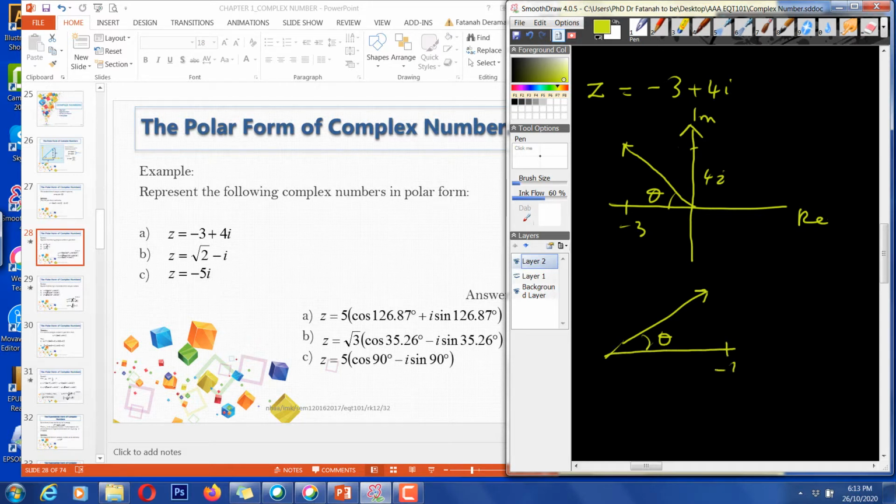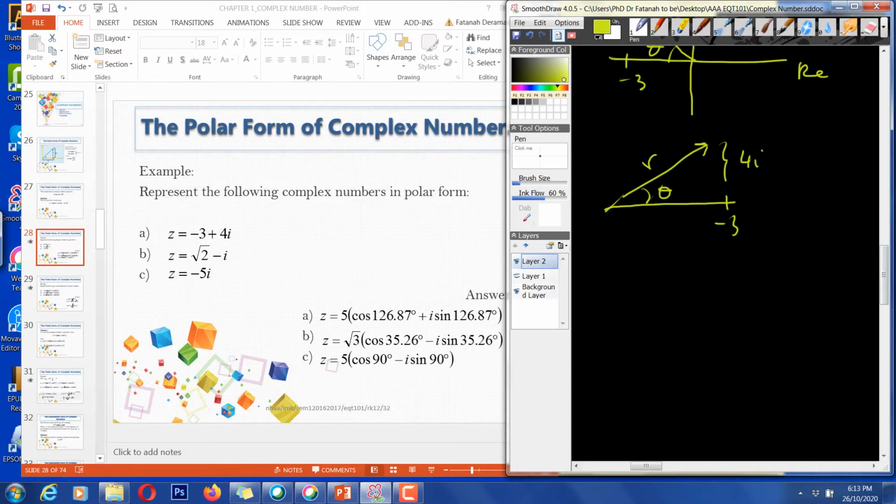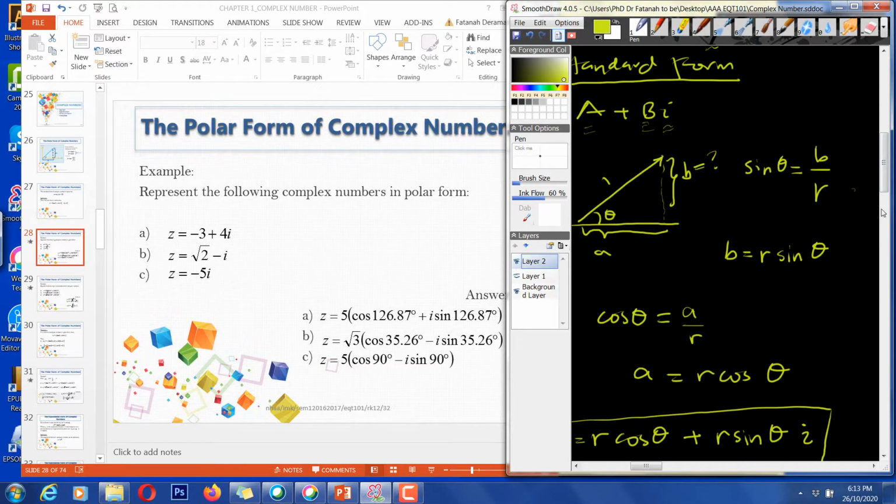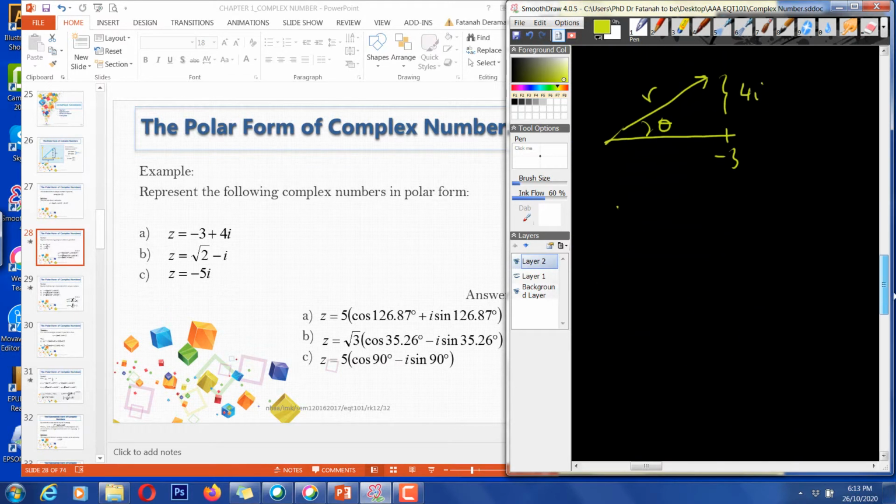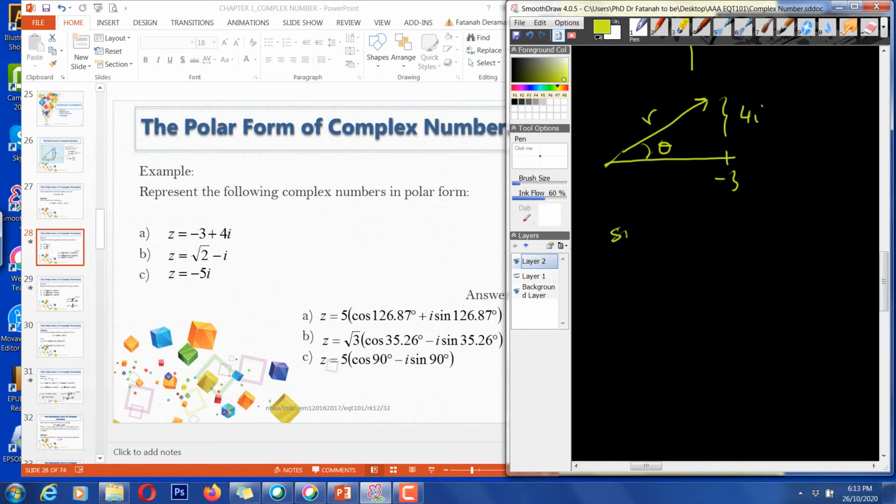We have theta, and then a real number, negative 3, and here is for I. We have R here, and B. B equals R sin theta. If we do not remember, we just remember what sin is: sin theta is equal to B over R, opposite over hypotenuse.